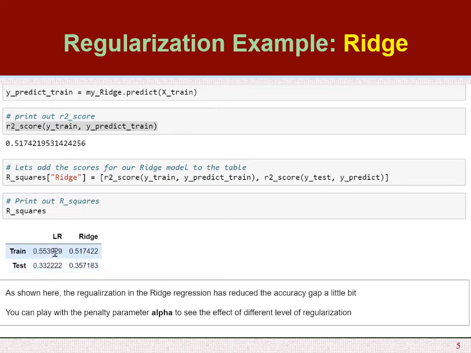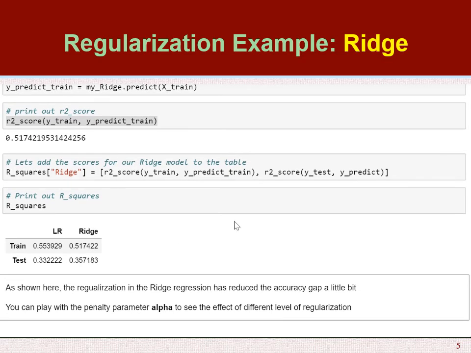So the gap, before it was about 22%, is now less than that, about 15, 16, probably 16%. We can also play around with the values of alpha to see if we can improve the gap or lower it even more.